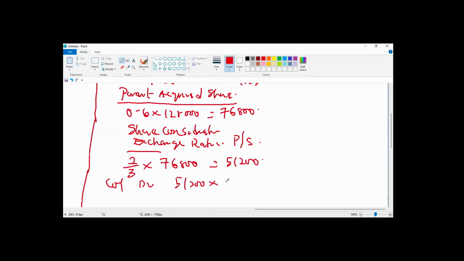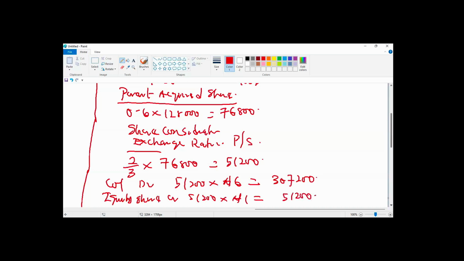51,200 times what is the market price per share of the parent? 6 naira. 51,200 times 6 naira is 307,200. 307,200 will go to equity shares to be credited. 51,200 times the nominal value of equity share gives me 51,200.